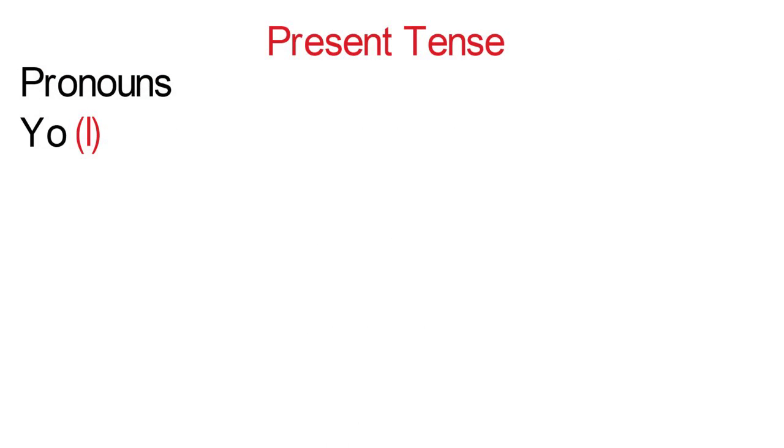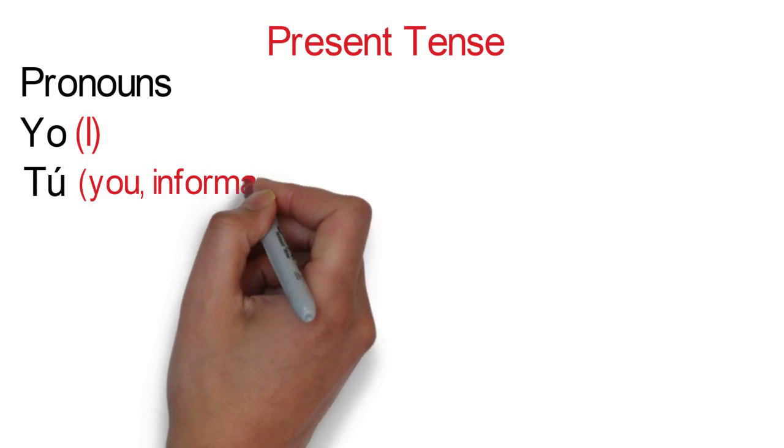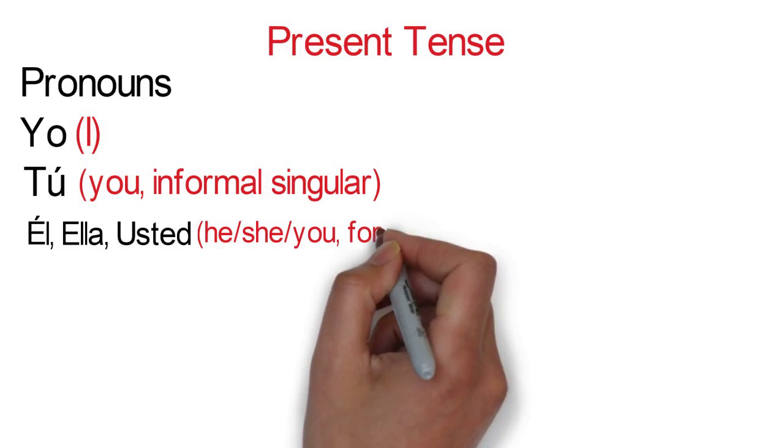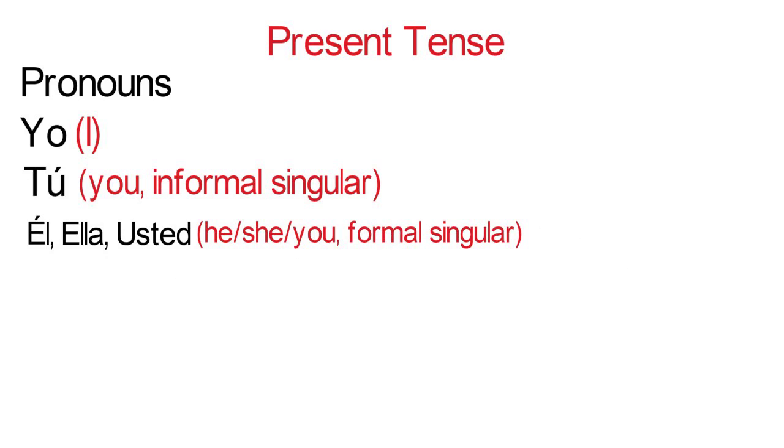Yo means I. Tú means you. Él or ella means he or she. We also have usted. Usted means you. However, it is used in the formal sense, okay?